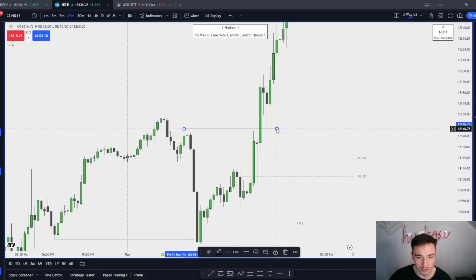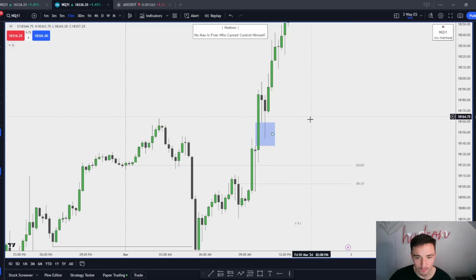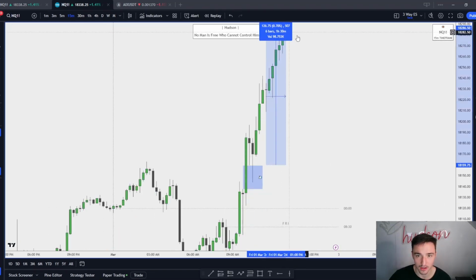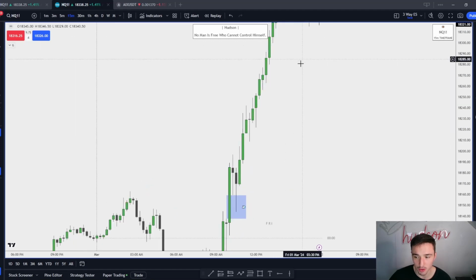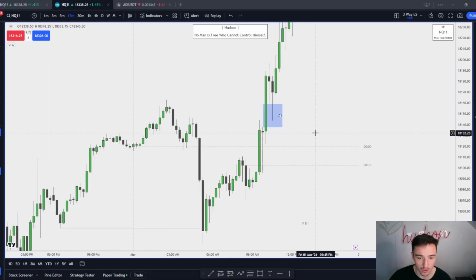So this becomes your breaker right there, and then this becomes the fair value gap. So now we have a unicorn setup. This is very simple, and it delivered over 200 points. Friday, great example of a unicorn model.